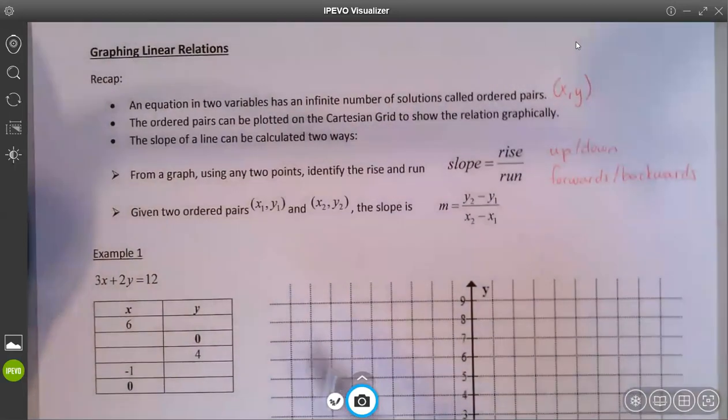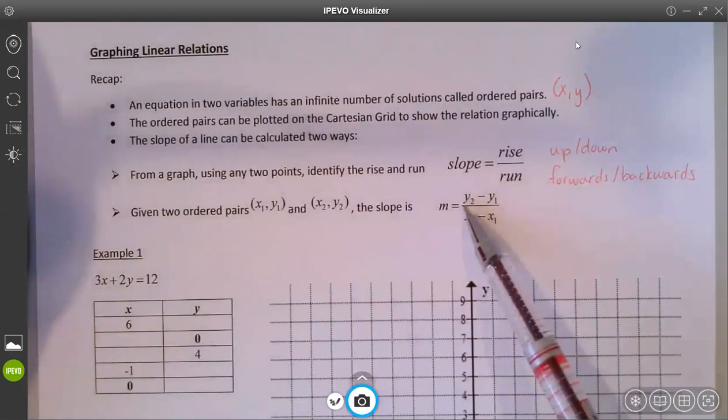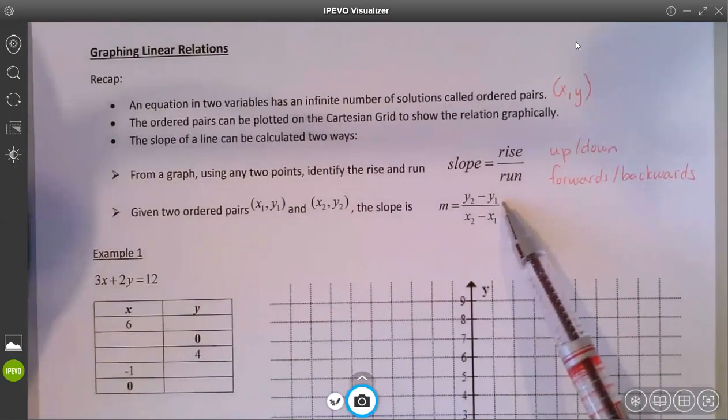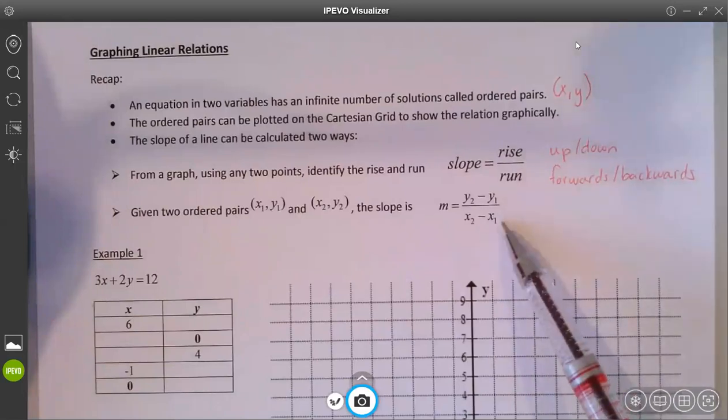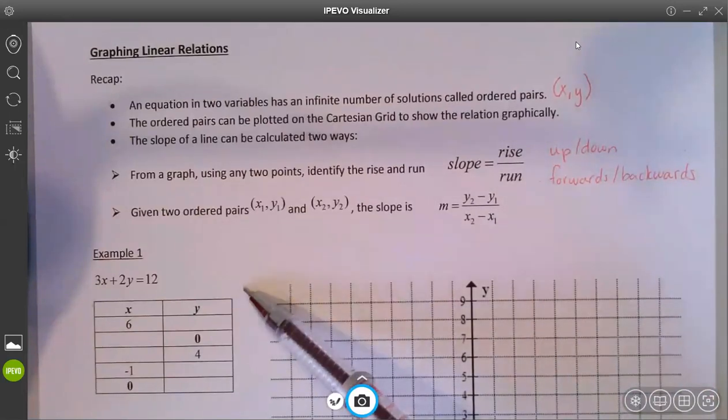As well, if you are given ordered pairs, there is a formula that you can use, which is the change in the y values, which is equal to the rise, over the change in the x values, which is equal to the run. So today we're going to recap these different concepts using examples that we've looked at before, and we're going to add in some extra terminology.